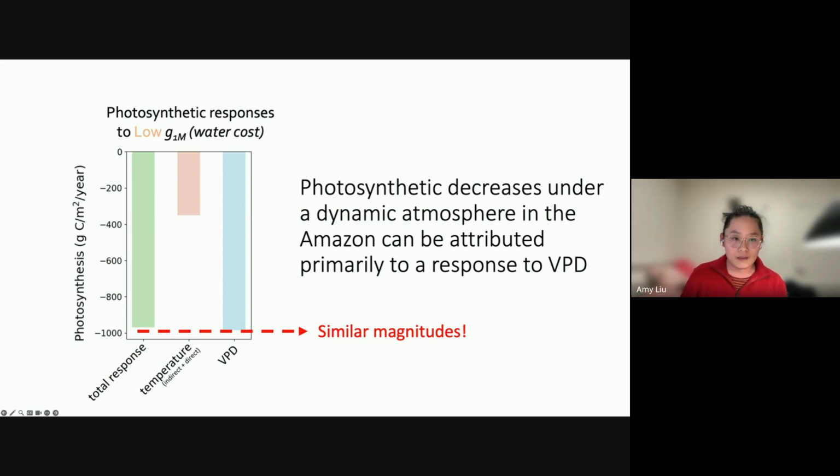And the blue bar is how much of the photosynthetic response can be attributed to VPD. And we can see here that the green and blue bars have similar magnitudes. So here we say that the photosynthetic decreases under a dynamic atmosphere in the Amazon can probably be primarily attributed as a response to VPD.